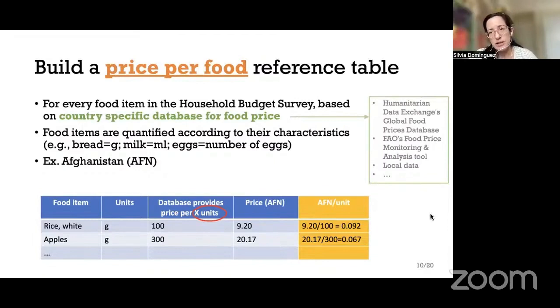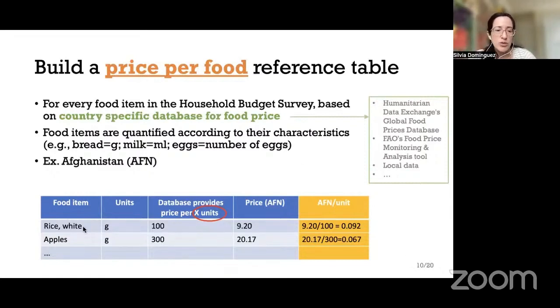Now, to avoid mistakes, because we're getting into a lot of very specific transformations, it's recommended to build a price per food reference table. Again, in a very simplified example here, where the price per unit of each food included in the household budget survey is listed. So we have here all our food items. And in this example, you see I took data for Afghanistan.